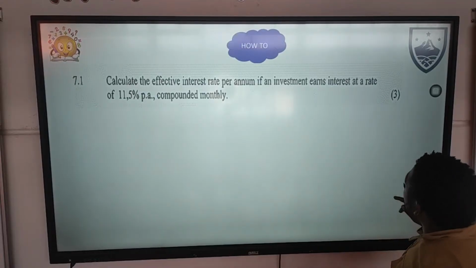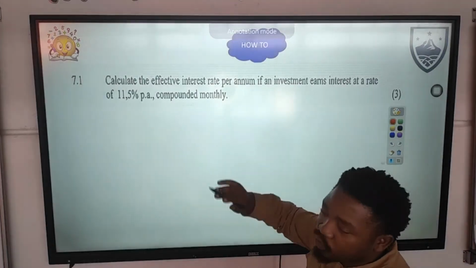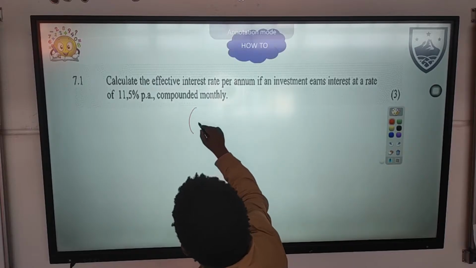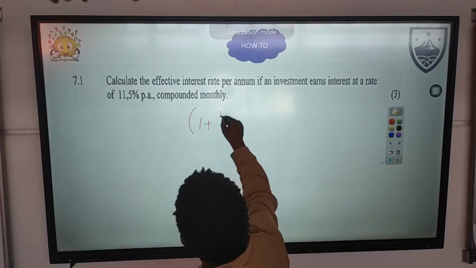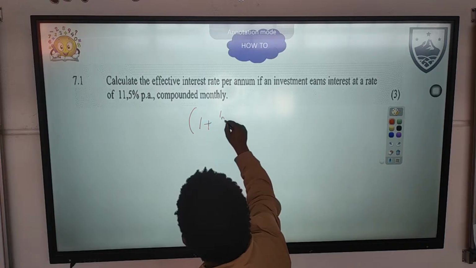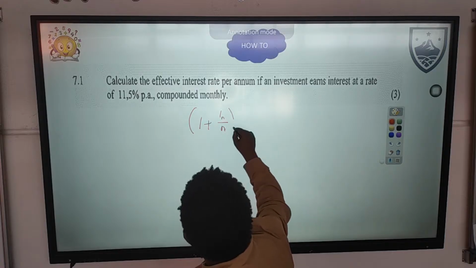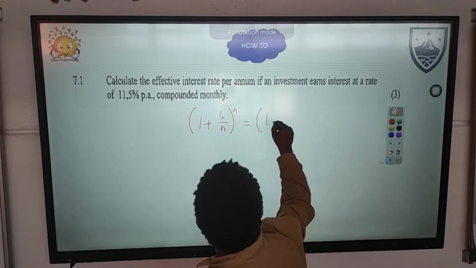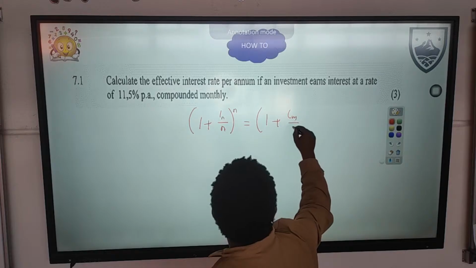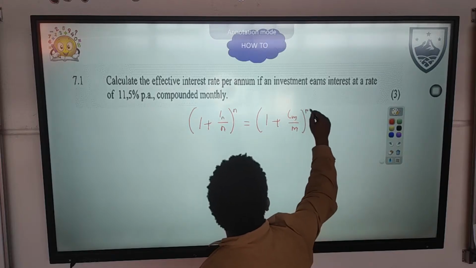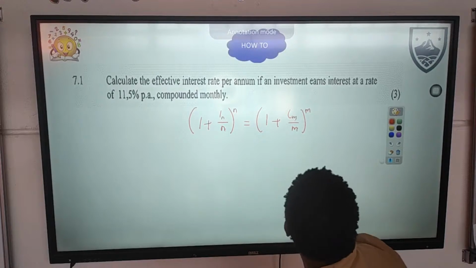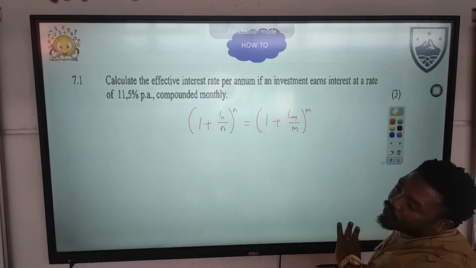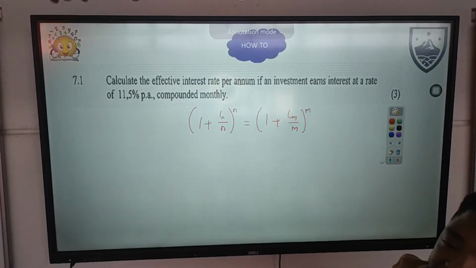Before we start solving the problem, we have a way of converting from one interest rate to the other. Right. So this is the formula that we use to convert from one interest rate to the other.